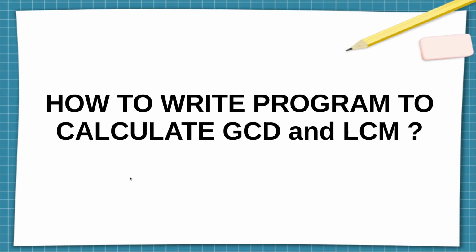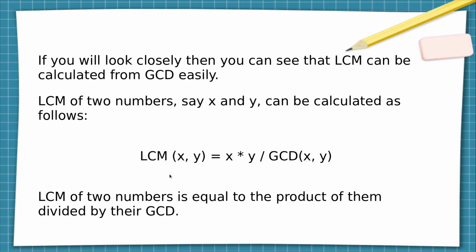Now we will see how to write a program to calculate GCD and LCM. If you look closely, you can see that LCM can be calculated from GCD easily. LCM of two numbers, say x and y, can be calculated as follows.